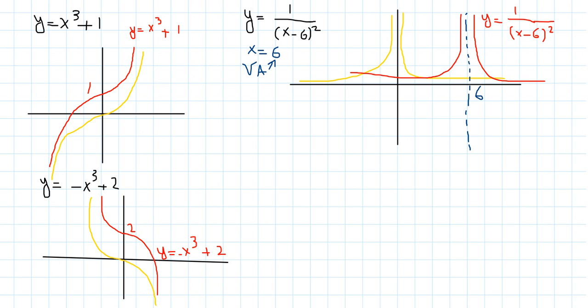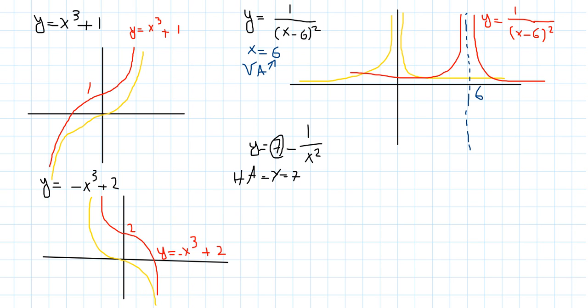Now go to another example. y equals 7 minus 1 over x squared. How to draw it? At first, because I have 7 here, it means I have a horizontal asymptote. So my horizontal asymptote is y equals 7, and I will have a vertical asymptote.